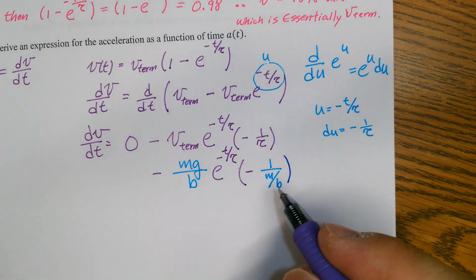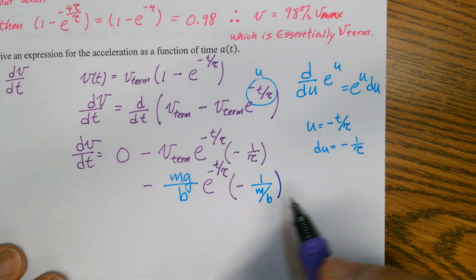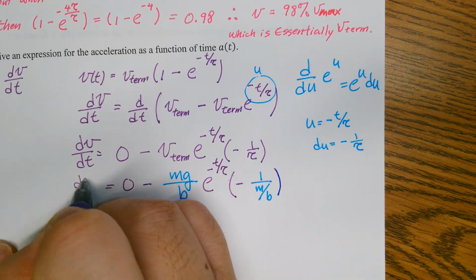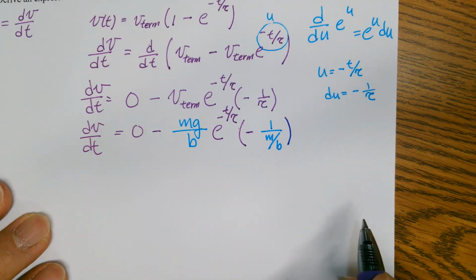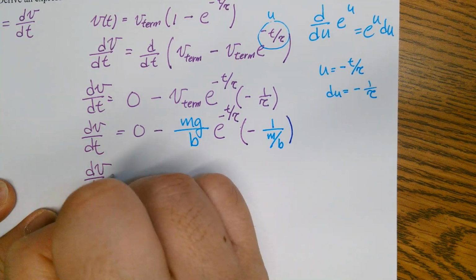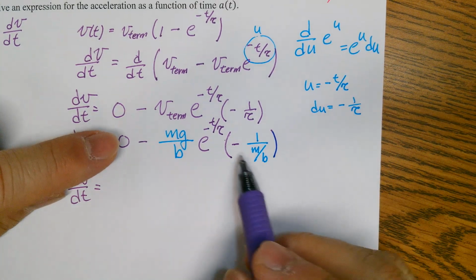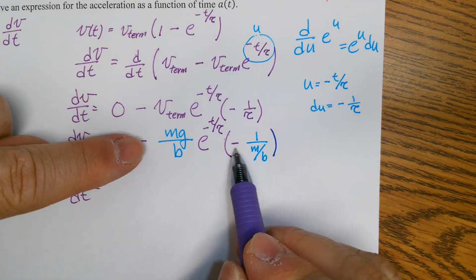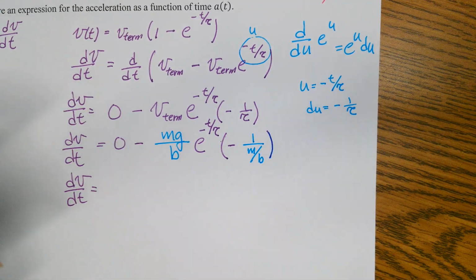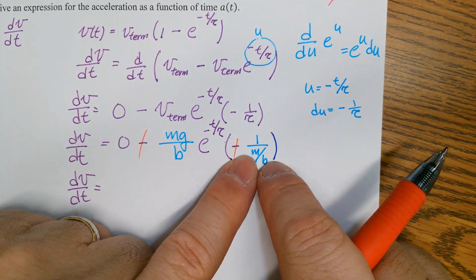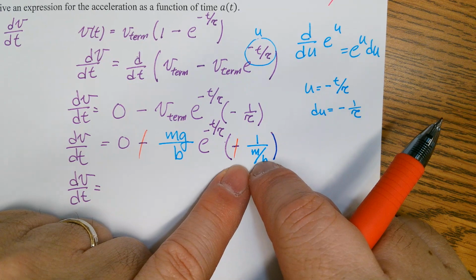Well, it looks like things are going to cancel out nicely, right? Because here, my dv over dt then is equal to, it looks like these two are going to cancel out to be positive. If I flip this, this will be b over m.